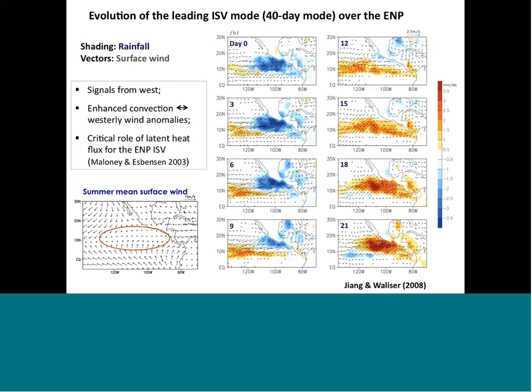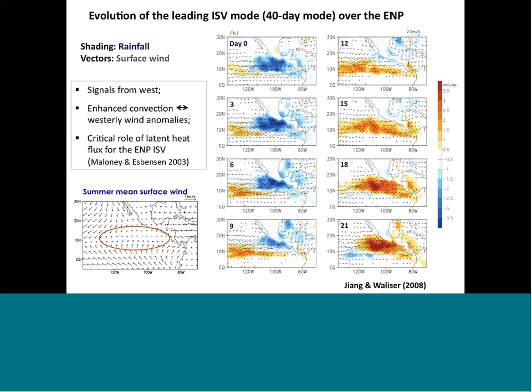Then during this period, the northward propagation is also evident. One important feature associated with this ISV over the Eastern Pacific is, for example, at day 18, you can see the enhanced convection over the Eastern Pacific is associated with the southwesterly anomalous winds. And considering the Eastern Pacific warm pool region, where the ISV is most active, you can see in the left lower panel that the summer mean surface wind over this region is characterized by westerly wind, or generally very weak winds.